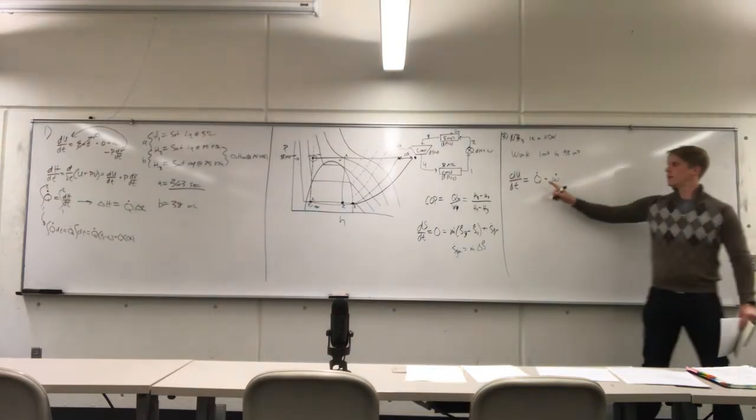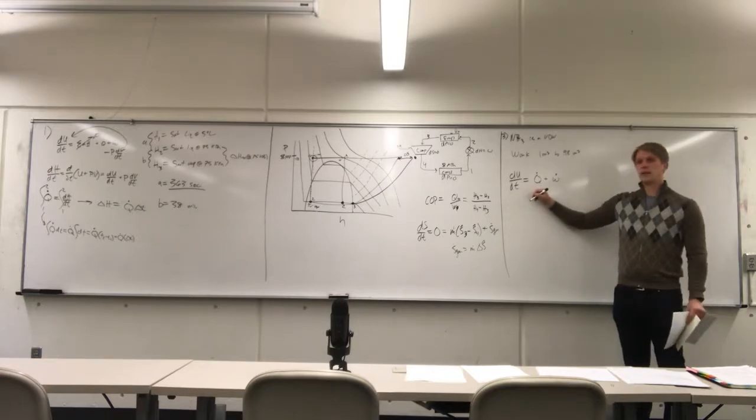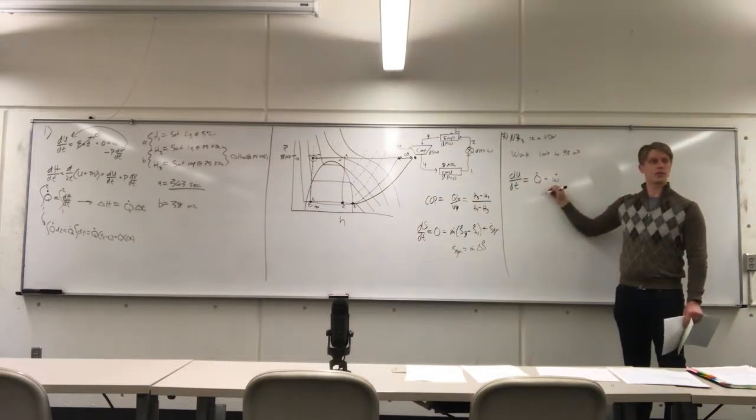So I can calculate delta U with the van der Waals equation, because that's what we already did for the homework. Q, I don't know what the Q is. Work, I have another way to calculate the work though. Yeah.